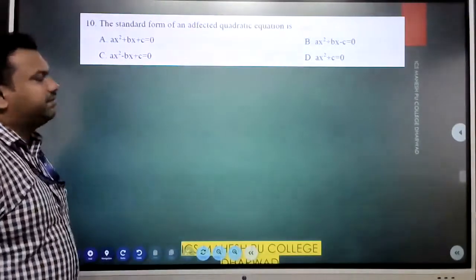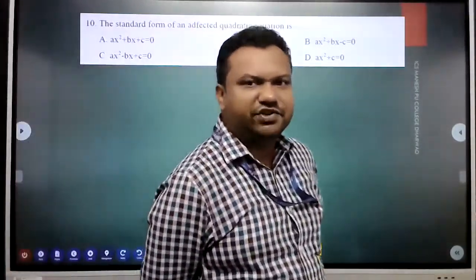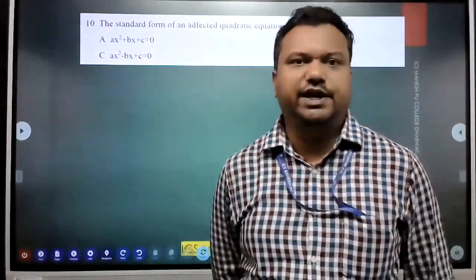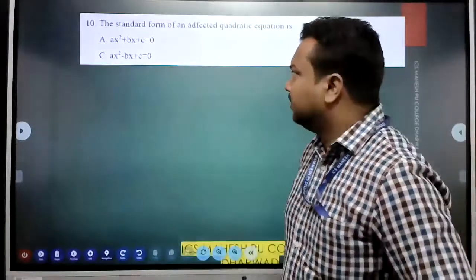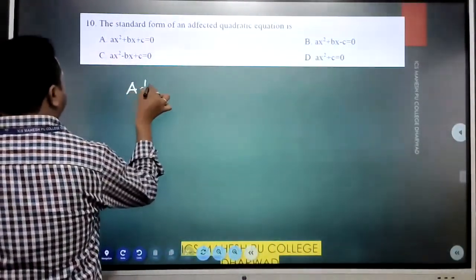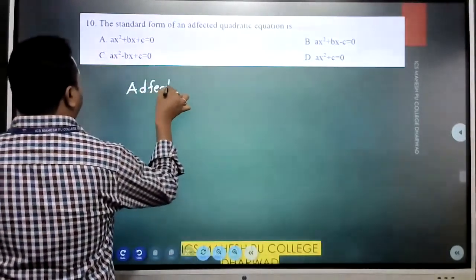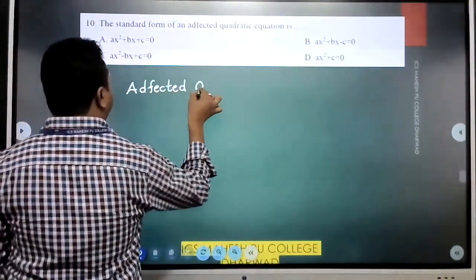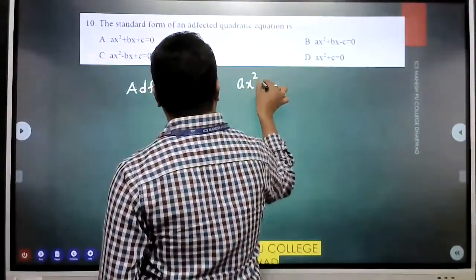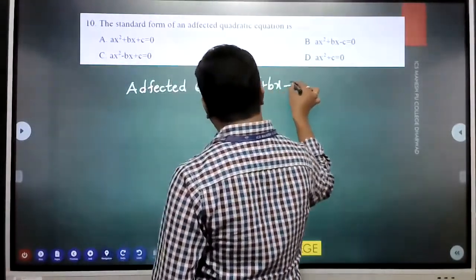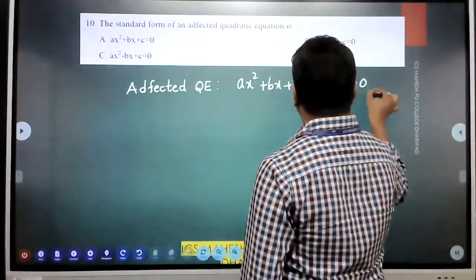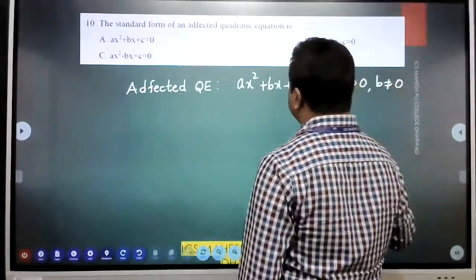The standard form of an unaffected quadratic equation is, yes, I hope you remember that we have studied 2 types of quadratic equation. The first type is the unaffected quadratic equation. That is, it is always in the form of ax square plus bx plus c is equal to 0, whenever a is not equal to 0 as well as b is not equal to 0, right?